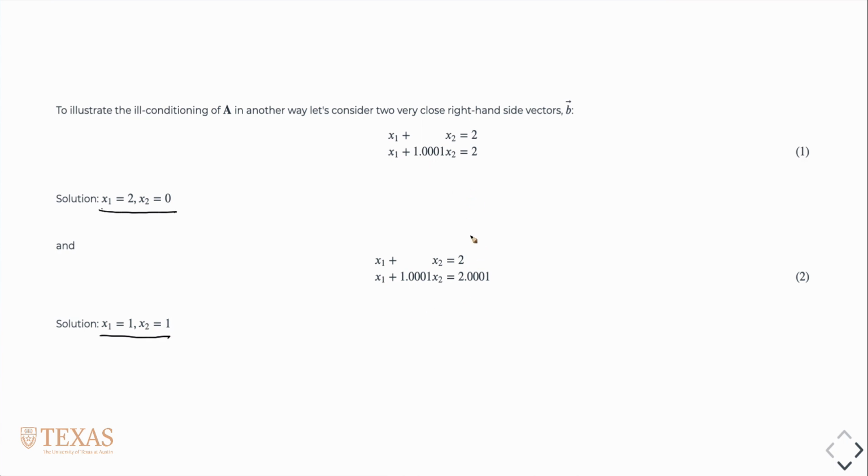And so what we see is that a perturbation in the fourth decimal place of the right-hand side vector creates a change in the solution in the first decimal place, in the leading order. Even the most robust of numerical algorithms is going to have trouble with this kind of matrix conditioning.